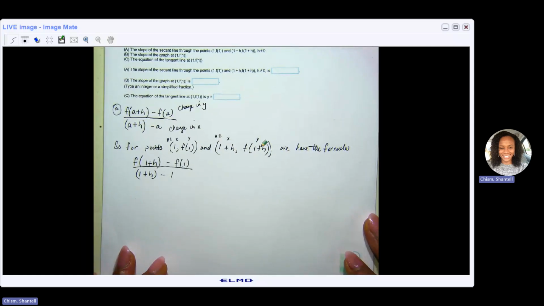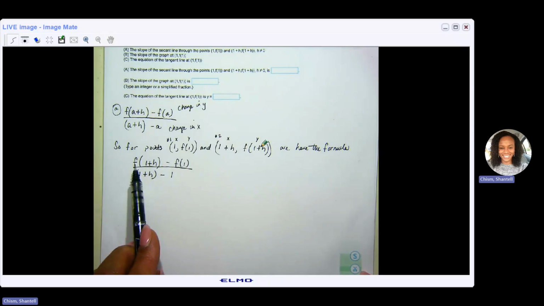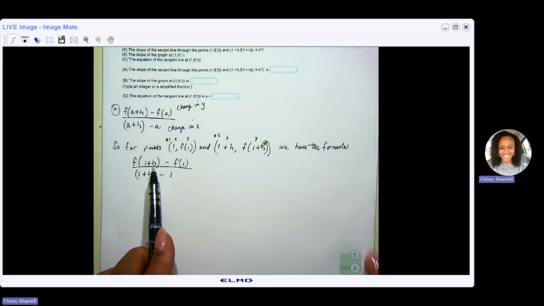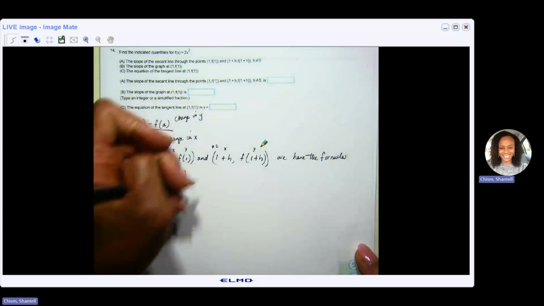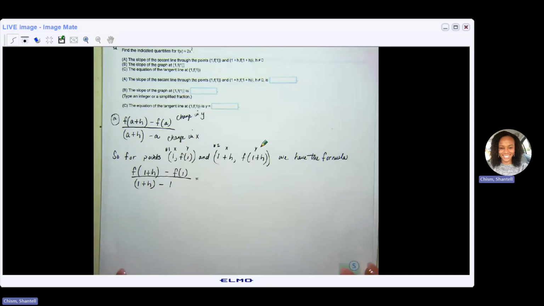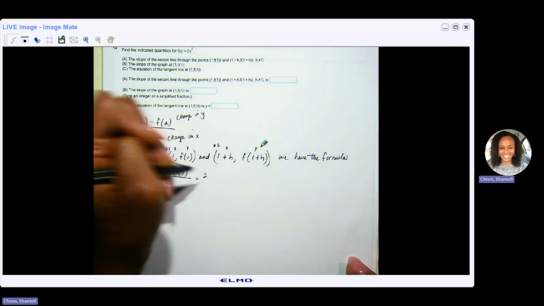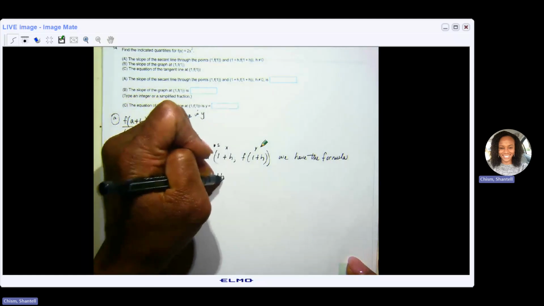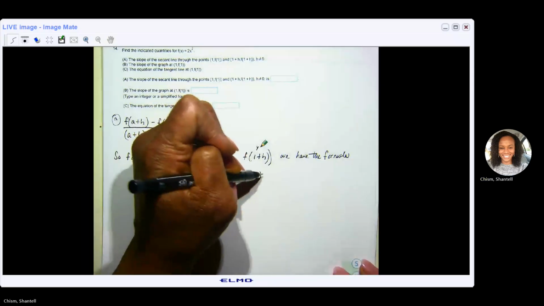So what we're going to do now is take our function and apply it. Where we have x, we're going to replace it with 1 plus h, because this is f at 1 plus h, and our function, f of x, is 2x squared. So when we plug in, we would have 2 times (1 plus h) squared, minus 2 times 1 squared.